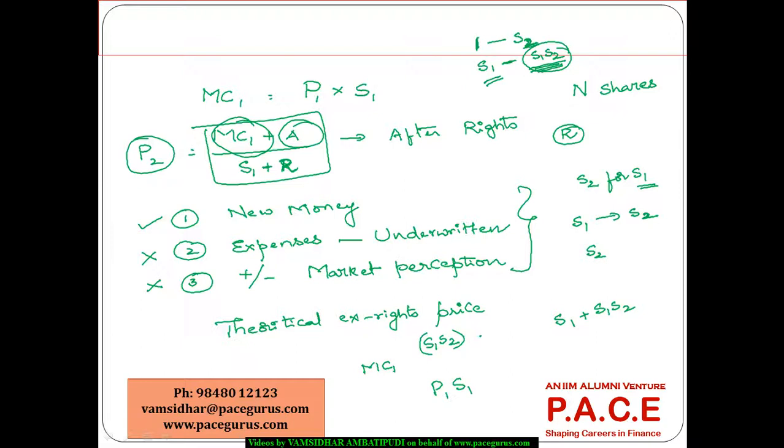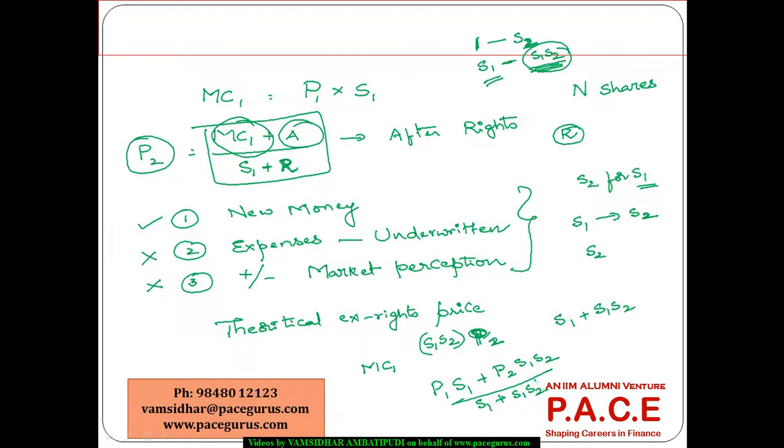S1, S2 shares are getting issued at a discounted price, let's say P2. So the overall market capitalization becomes P2 times S1, S2 divided by S1 plus S1, S2. That is the total market capitalization divided by this.